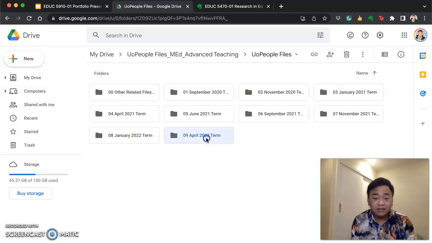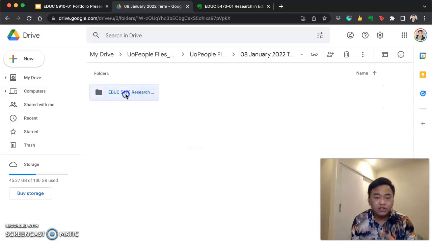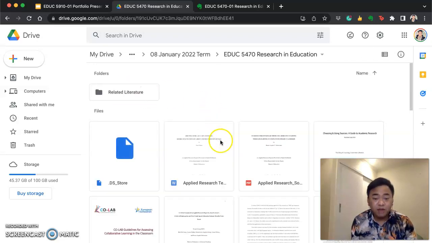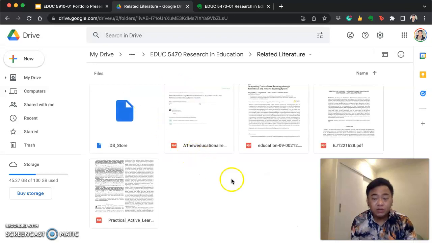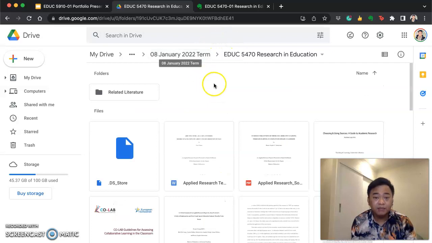And here is my research folder in Google Drive, and I also included the related literature there, literature that is useful and relevant to the topic I am studying.